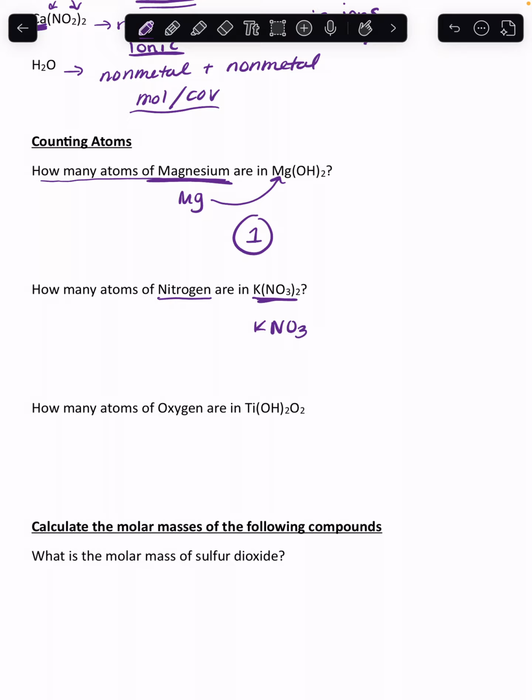When I have something in parentheses with a subscript, this subscript gets distributed to everything that is inside the parentheses. So if I'm looking at nitrogen, subscript of 2 distributes inside. That means I have 2 nitrogen. I just misspelled nitrogen. Wow. Nice. 2 nitrogen, and that would be your answer.